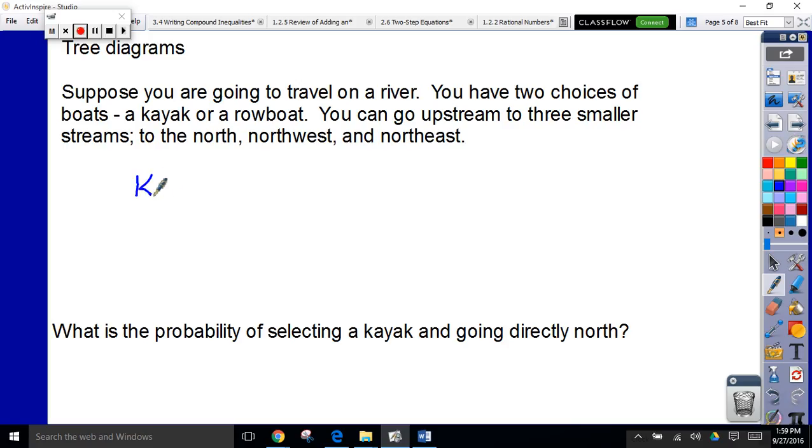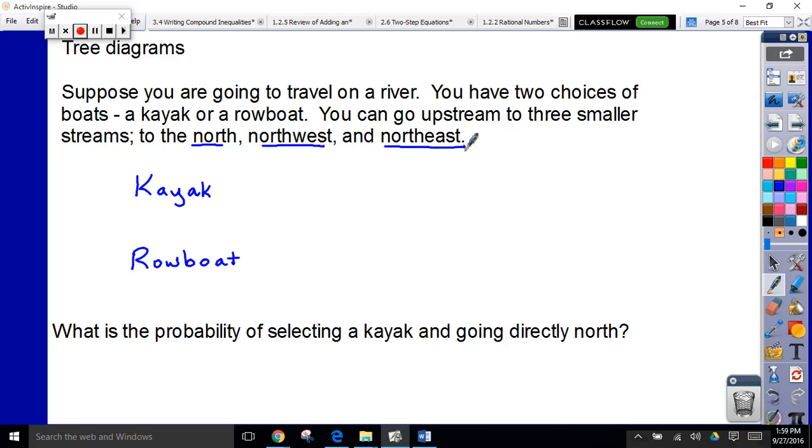So first I'm going to write my 2 types of boats. So I'm going to put kayak, and then I'm going to put rowboat. And I have to be very careful to be neat up here so I don't run out of room. Okay, now, then I have 3 choices of what direction I'm going to go in. I could go north, I could go northwest, or I could go northeast.